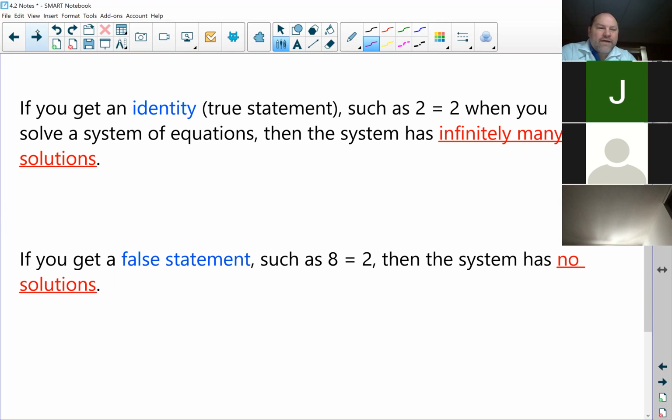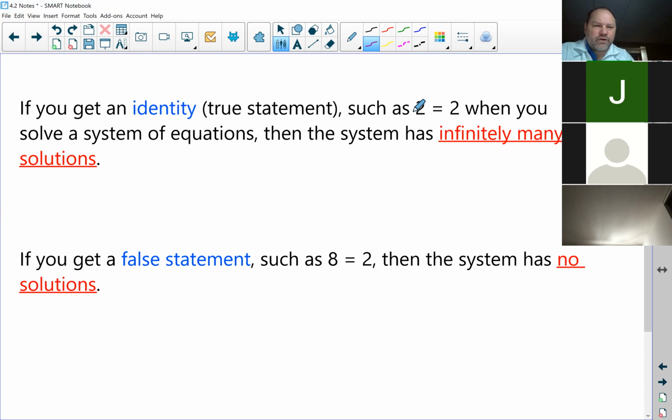So with graphing, there were two special cases. One where we got infinitely many solutions because the lines sat one right on top of the other. When we're solving using substitution, we can get that identity like 2 equals 2, and that means we're going to have infinitely many solutions.